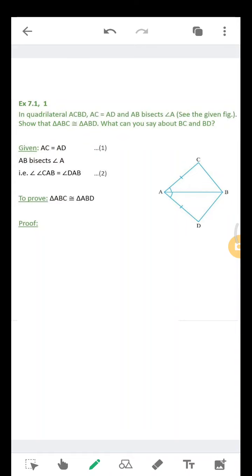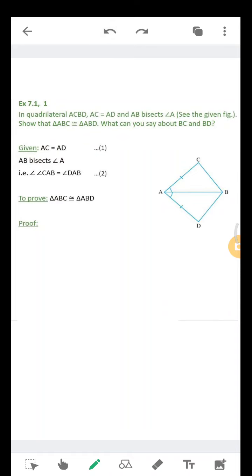So in this quadrilateral ACBD, AC is equal to AD, it's already given, and AB bisects angle A. AB bisects angle A means, as I told you in lines and angles, what the meaning of bisector is. So these two angles will be equal. CAB will be equal to DAB because AB is the bisector.